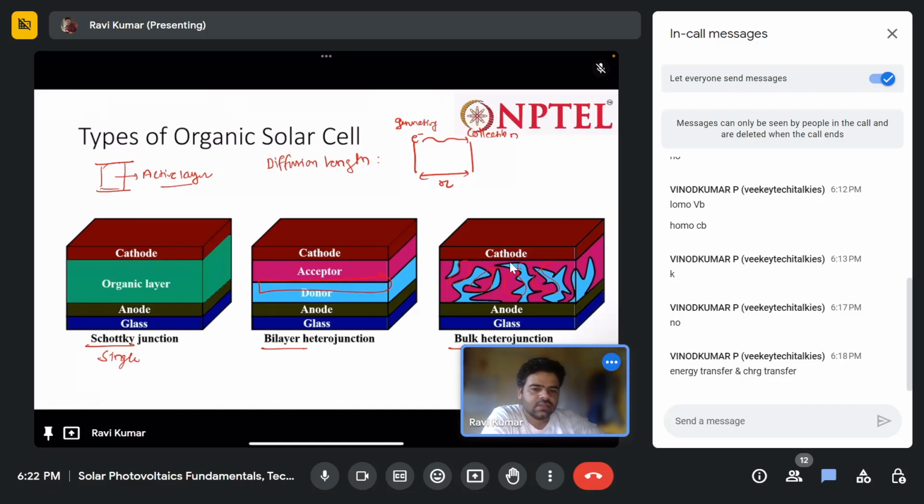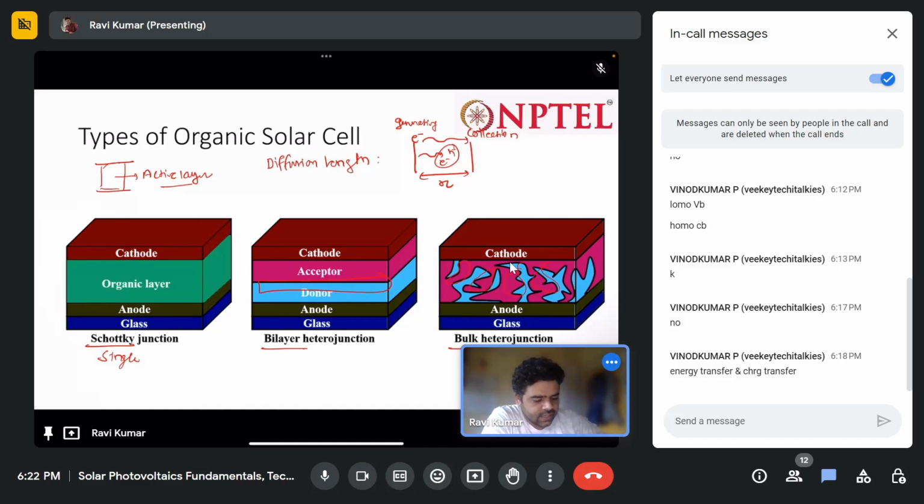But what happens sometimes, due to the diffusion length, if the diffusion length of this electron is very small, it will reach only till here, and at this site there will be some hole that will recombine with it. So there will be a loss of charge carriers due to the diffusion length.